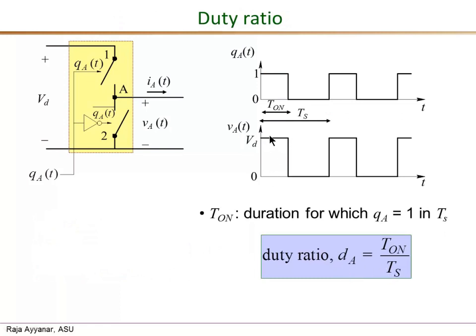As we can see in these two figures, as we increase the duty ratio and increase the T on, the time for which V sub A, the pole output voltage, is tied to V sub D increases, and therefore the average value of the pole output voltage increases with increasing duty ratio.